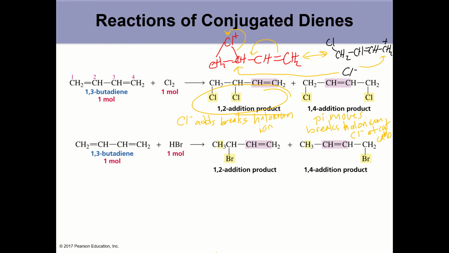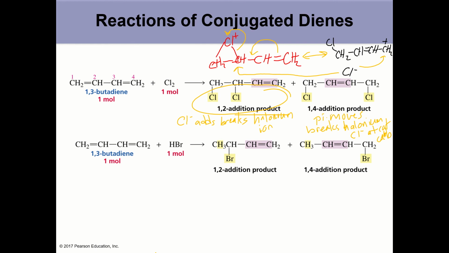So for 1,3-butadiene, we get 1,2 and 1,4 addition products because the conjugated pi bond is able to move and generate cations and break.